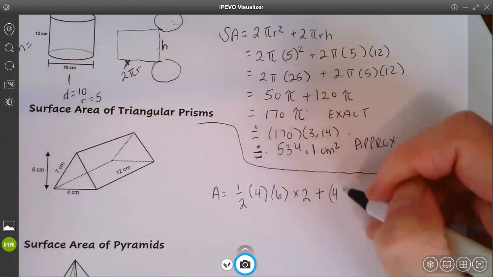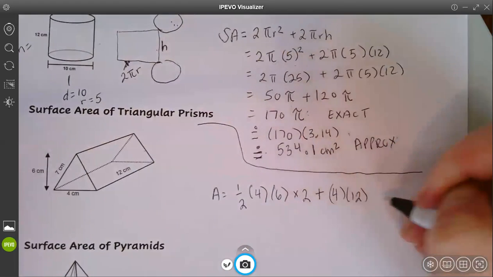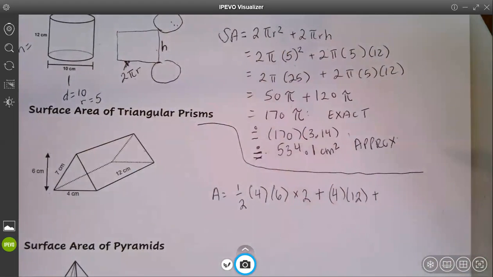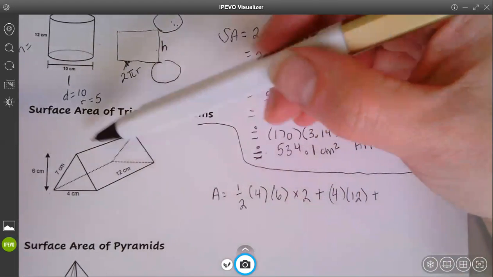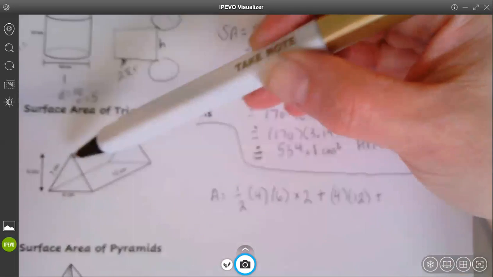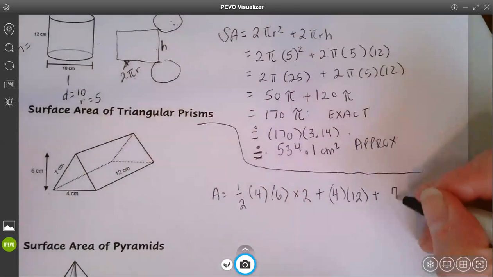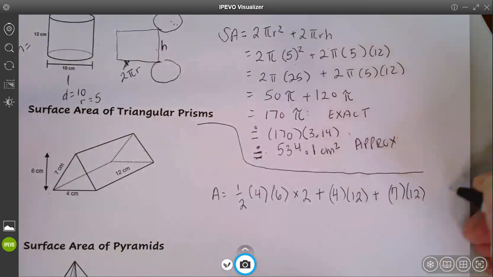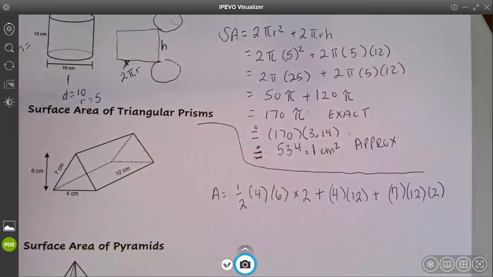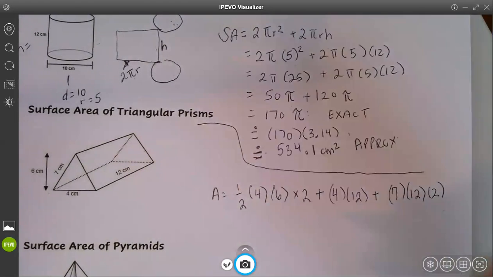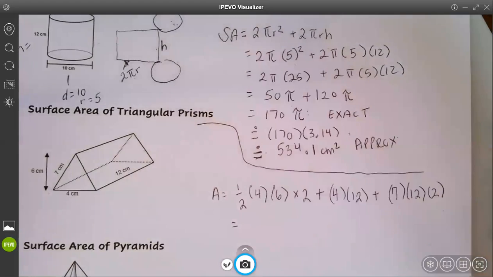So we're going to multiply 4 by 12 to account for that rectangular base. And then the sides. The 7 here is on the diagonal. So this is a 7 by 12. And we multiply it by 2 because the two sides are identical. And I actually haven't used a formula. I've just made sense of this based on the shapes.